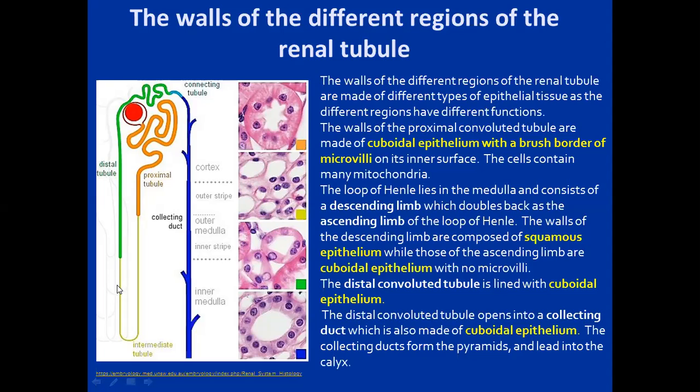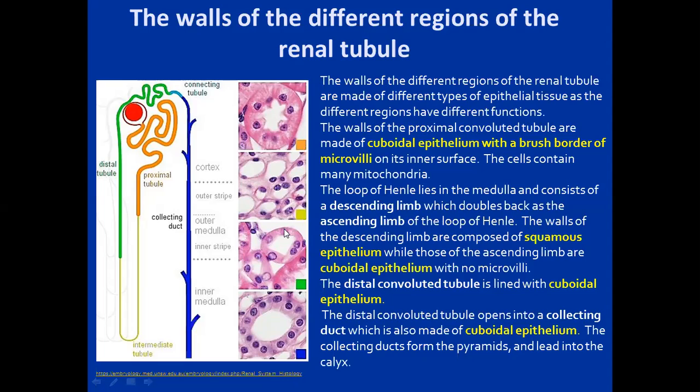Okay, then increasingly going up this ascending limb, there is a change from squamous to increasingly more cuboidal. So it goes from very flat to less flat to less flat to cuboidal. And so that's distal convoluted tubule that you can see here. And nice clean inner surface, so no microvilli. And this would be quite low down here because it's not entirely cuboidal, it's still a little bit flattened.